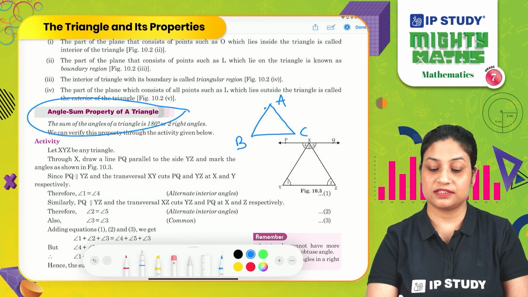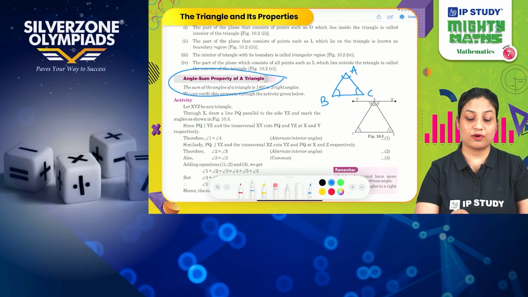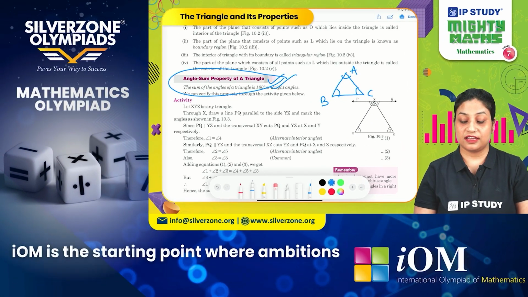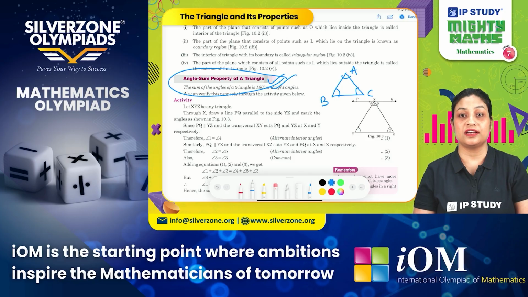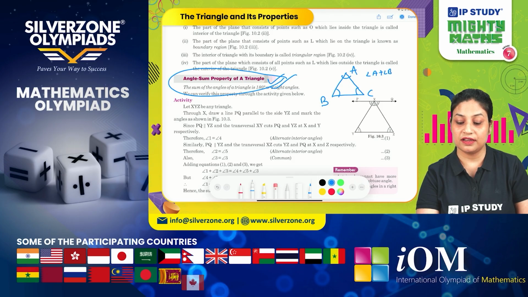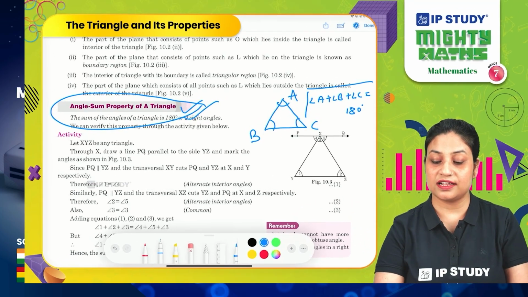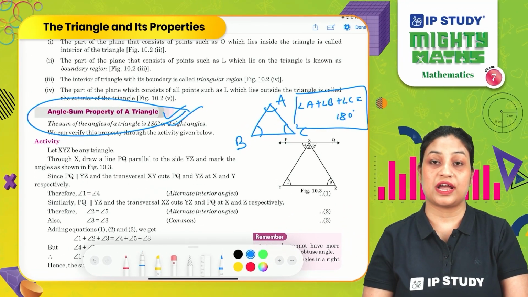We have three angles, angle 1, angle 2 and angle 3, or simply angle A, angle B and angle C. So angle sum property of a triangle says that if you add the three angles of a triangle, it always comes out to be 180 degree. Means angle A plus angle B plus angle C always comes out to be 180 degree. This is angle sum property of a triangle.